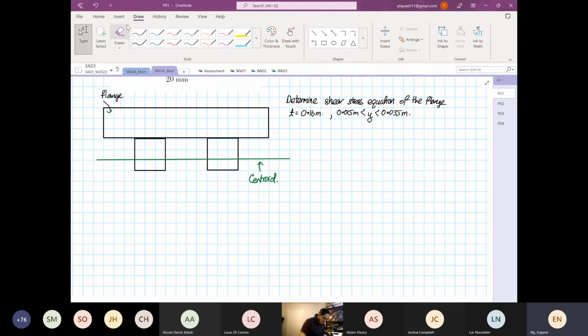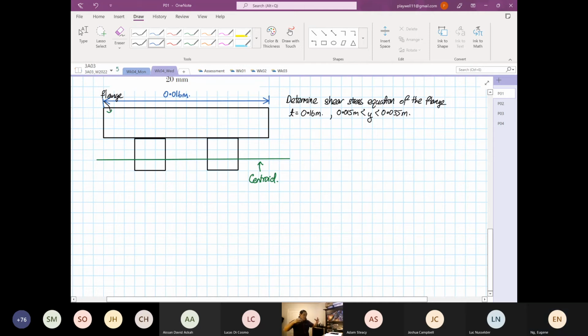Because it has a constant thickness of 0.16 meter. When the thickness changes, you have to form a separate equation. So that's where we call it piecewise. We divide them into pieces.